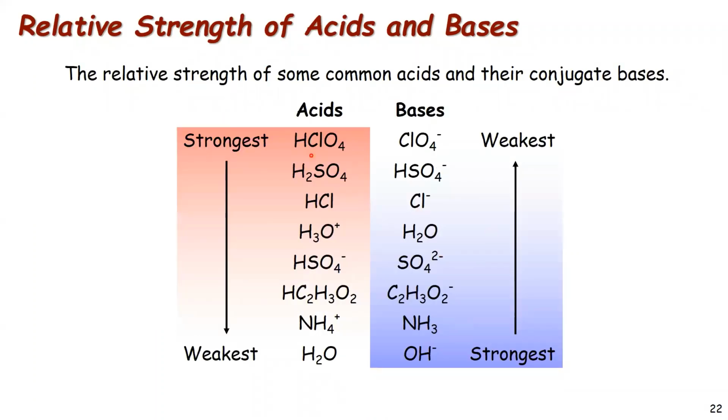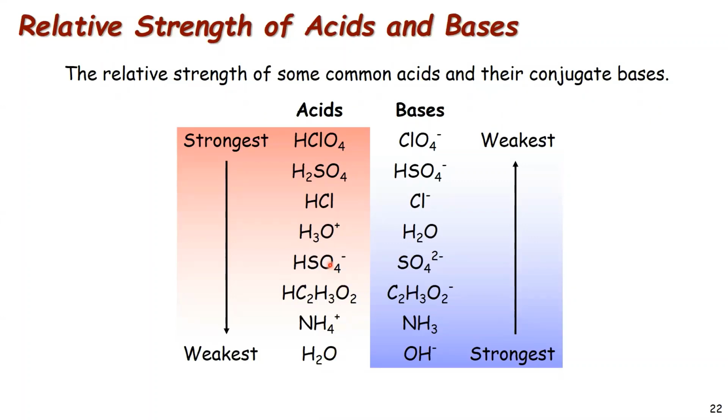So here's an example. Perchloric acid is stronger than sulfuric acid, which is stronger than hydrochloric. There's the hydronium ion, that's our acid itself. Then we get into weak. So above the hydronium ion are all of our strong acids, and below the hydronium ion would be all of our weak acids.